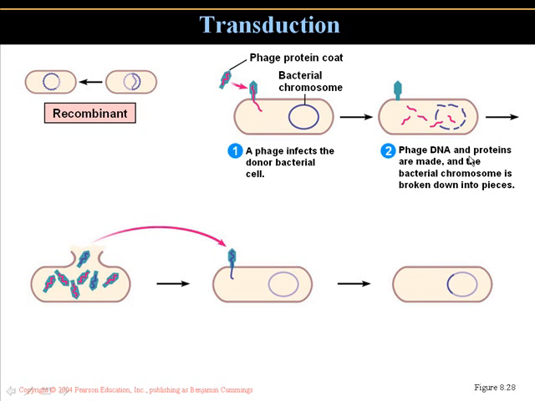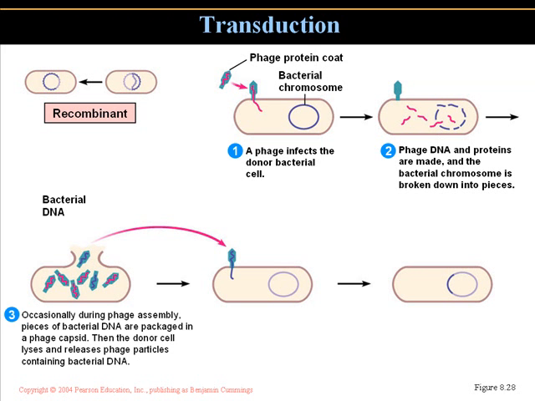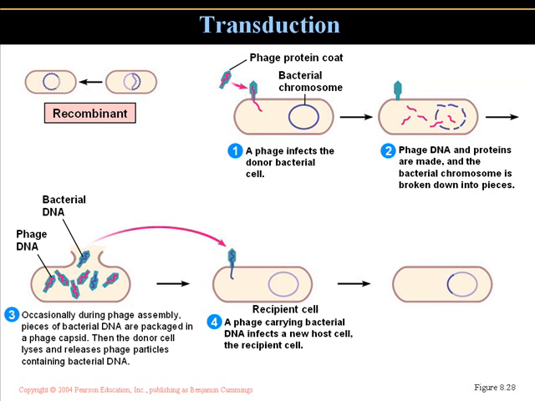And then the phage DNA and the proteins are made because it develops a quick relationship with the genetic material in the particular microorganism, in this case that we're talking about. And then replication will take place.